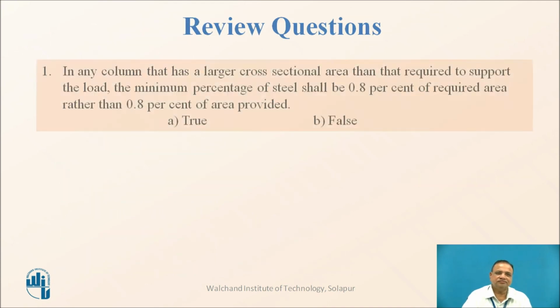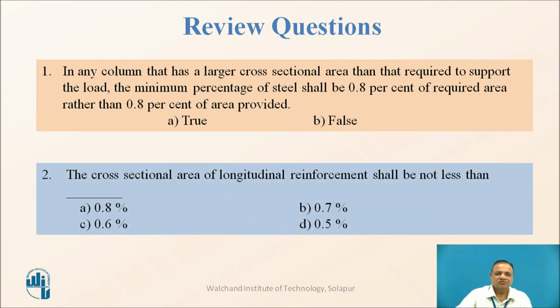A review question: in any column that has a larger cross-sectional area than required to support the load, the minimum percentage of steel shall be 0.8% of the required area rather than 0.8% of the provided area. Whether it is true or false, just guess. Then the cross-sectional area of longitudinal reinforcement shall not be less than 0.8%, 0.7%, 0.6%, 0.5%.